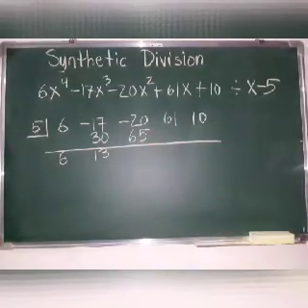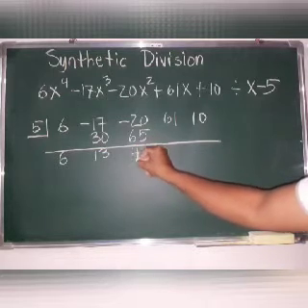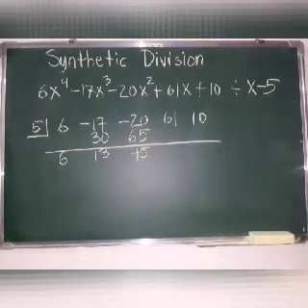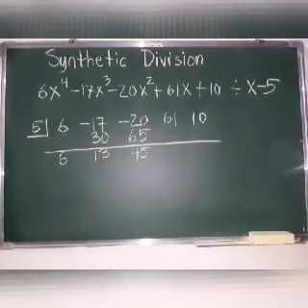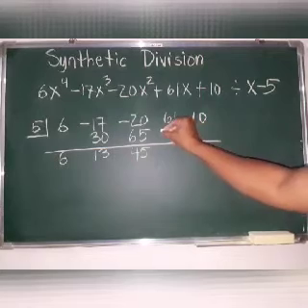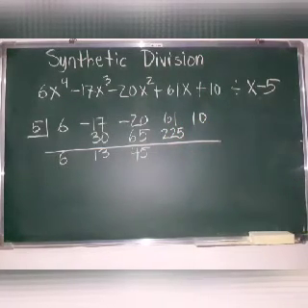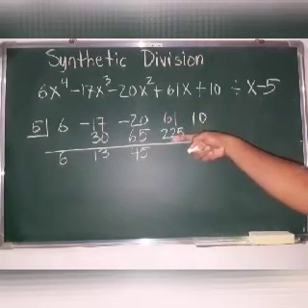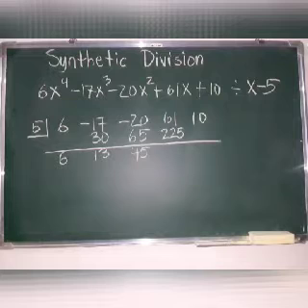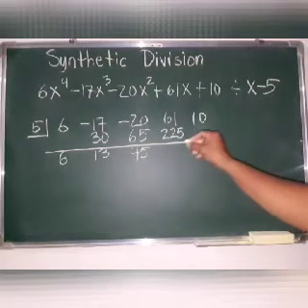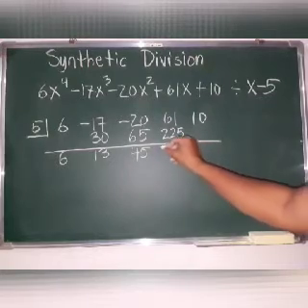And then 65 minus 20, we have 45. Next, 45 times 5, we have 225. Then, adding like sign, copy the sign, and then add. So, 61 plus 225, we have 286.